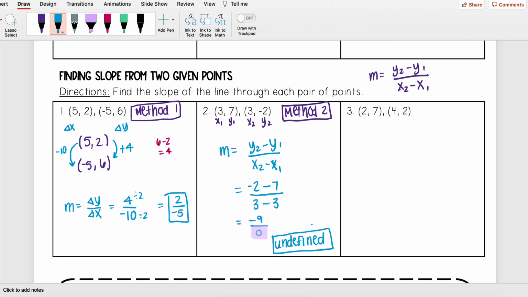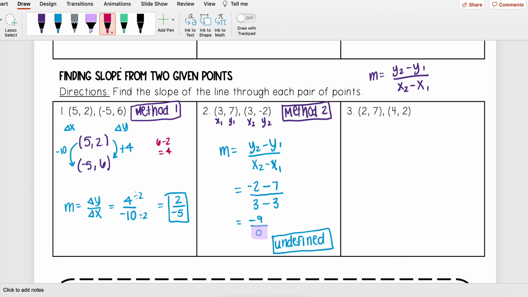And looking back, that's really going to be your vertical line, and that's going to be an undefined slope. If 0 was on top, it would be okay. 0 divided by 9 would be equal to 0, but we can't divide numbers by 0.